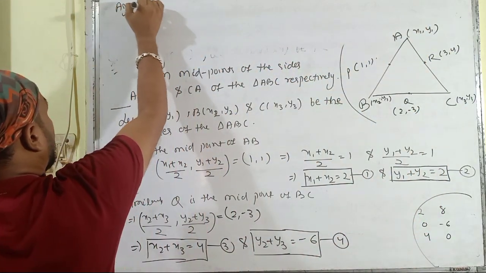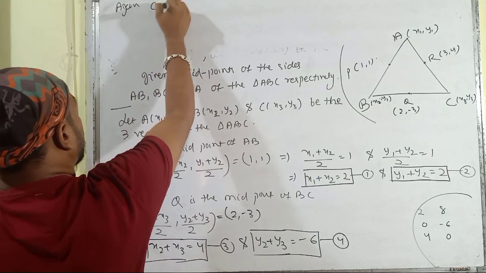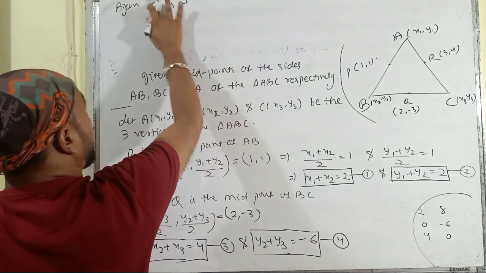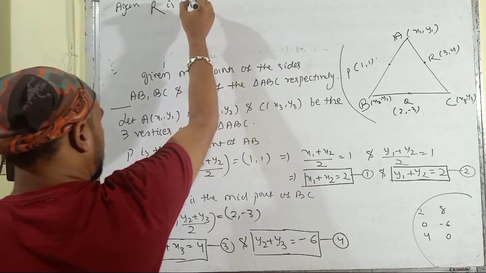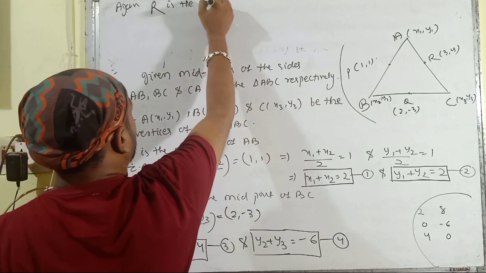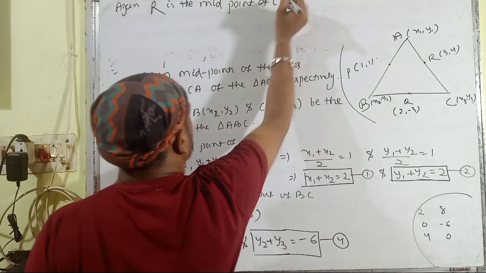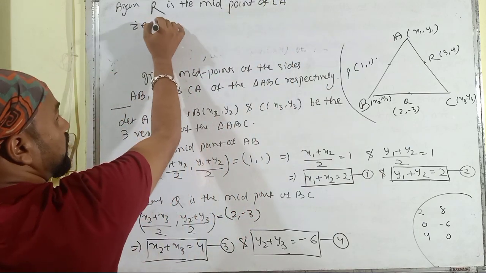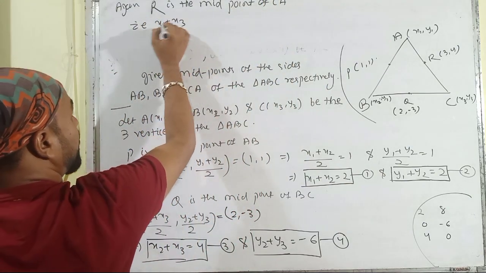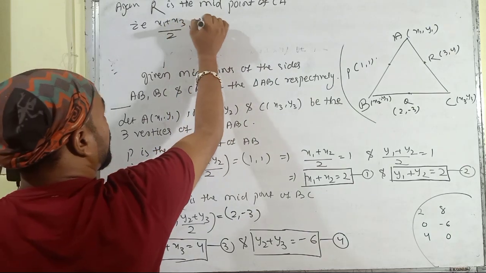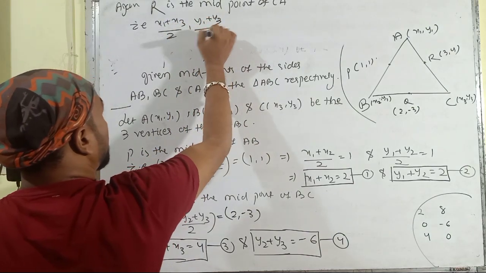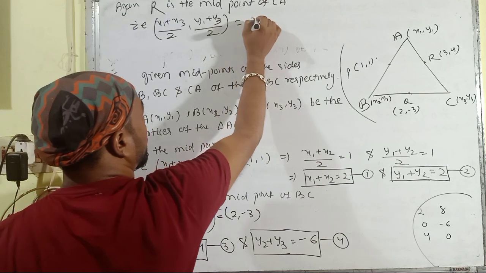Again, here it is R. R is the midpoint of CA, that is (x1 plus x3 divided by 2, y1 plus y3 divided by 2) is equal to (3, 4).